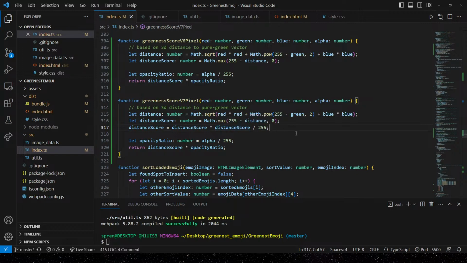Basically, imagine that the distance score was not a number between 0 and 255, but instead a number between 0 and 1. If you squared the number between 0 and 1, then that would have the effect of strongly downranking lower things in a non-linear way. And that's sort of what I wanted to do.